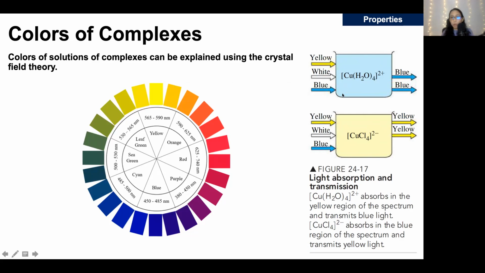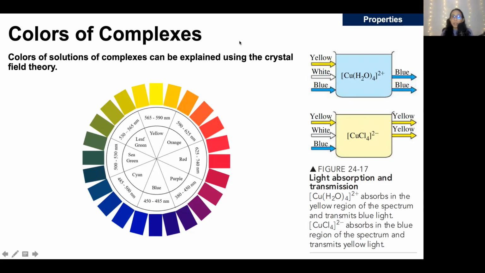That's copper 2 and that's copper 2. So in the first complex, the ligand is water. In the second complex, the ligand is chloride. So that is tetraaquacopper 2 because it's a cation. This is hexachlorocuprate 2 because this is an anion.